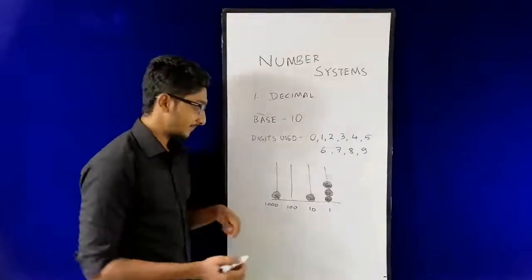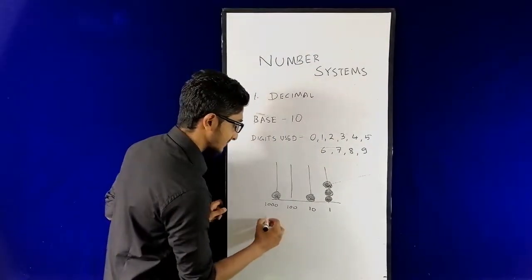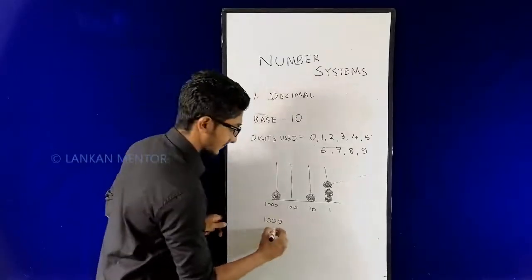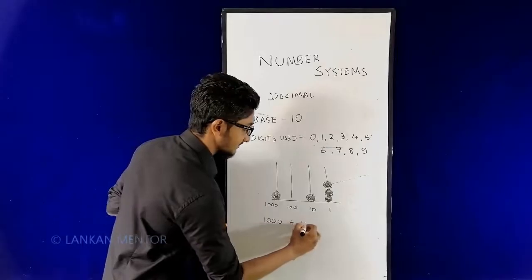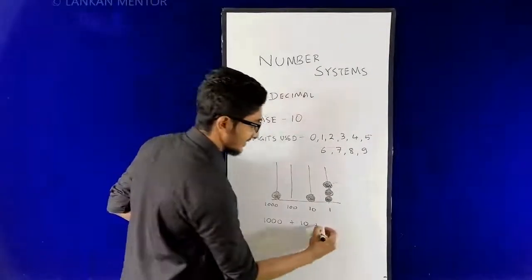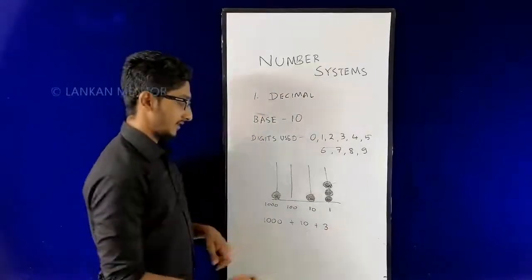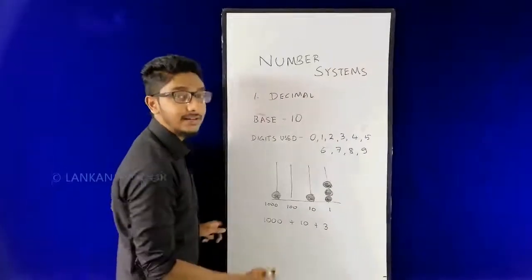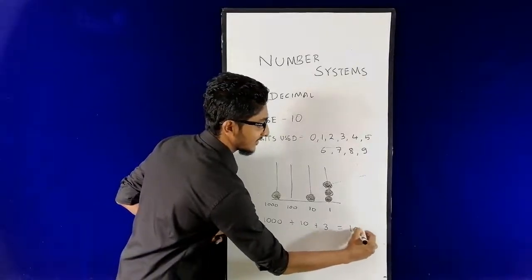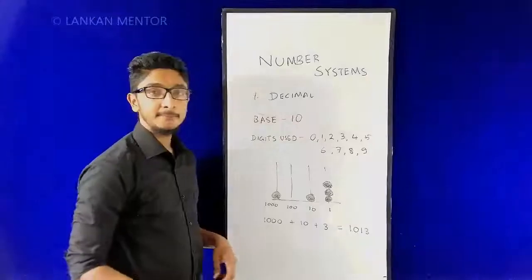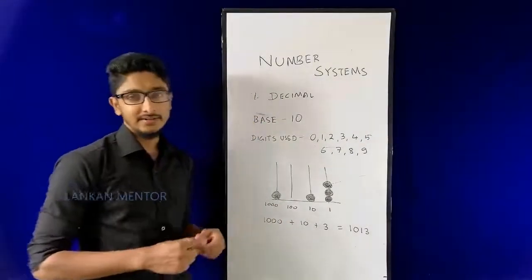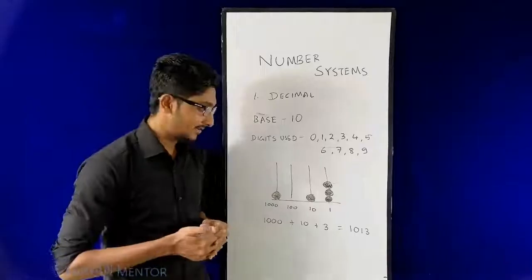So what is this? We have 1000, and we have 10, and we have 3 ones. So it is 1013. This is just a number, a decimal number.